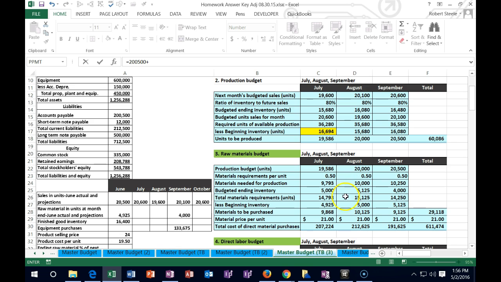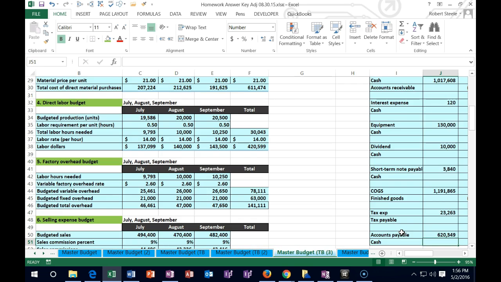So raw materials budget, here's our purchases. We paid off July, August, and September is what's still going to be left in ending inventory. So I'm going to add to this amount plus this, plus this, and that will leave us with this, hopefully, left in the AP.